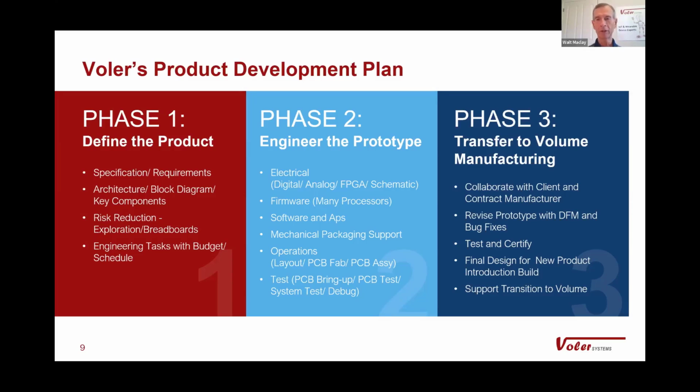You've got to make sure that you have a transfer to manufacturing to be successful. So we've been doing this for more than 40 years. And the most important thing we do is help customers with the managing of the project so that the project goes well, is on schedule, on budget, and ends up successful.